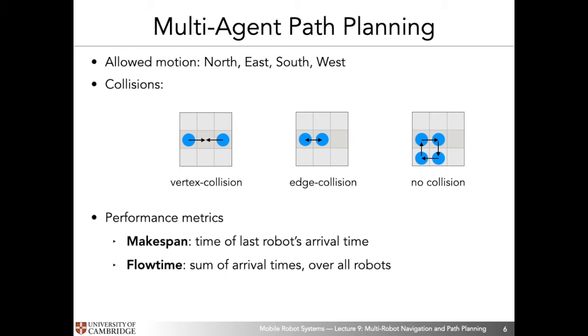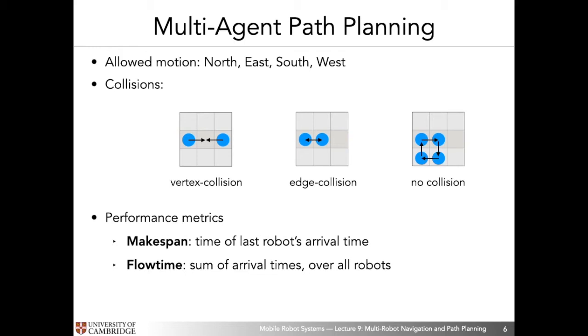So I mentioned something about performance before, optimization objectives. And generally, in multi-agent path planning problems, there are two relevant optimization objectives we might want to consider, or two different ways of measuring the performance of a multi-agent system. The first is by considering the makespan, which simply counts the time it takes for the slowest robot to reach its goal, right?